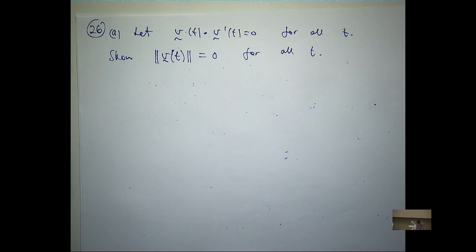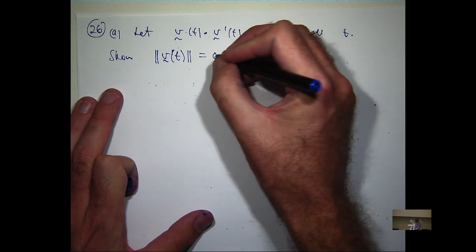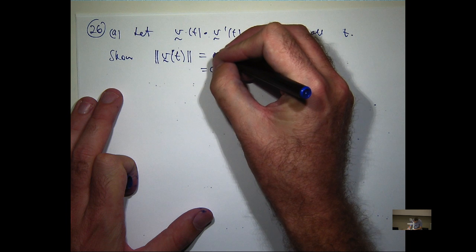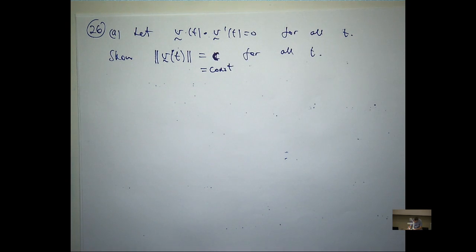So how did you do it? Oh, sorry, no, not 0, constant. Sorry, show the speed's constant. Constant. Okay. Yes. How did you do it?